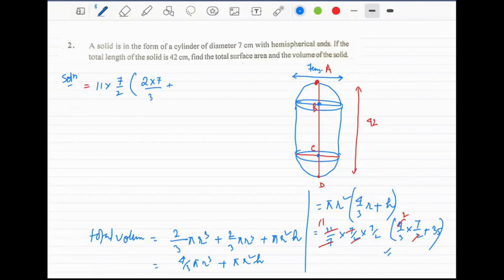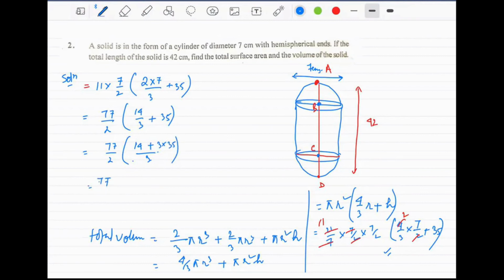35. So we have 11 into 7, it will be 77 by 2. Then 14 by 3 plus 35. So we have 77 by 2, and if you add these two together, we will have 3 here, 14 plus 3 into 35.